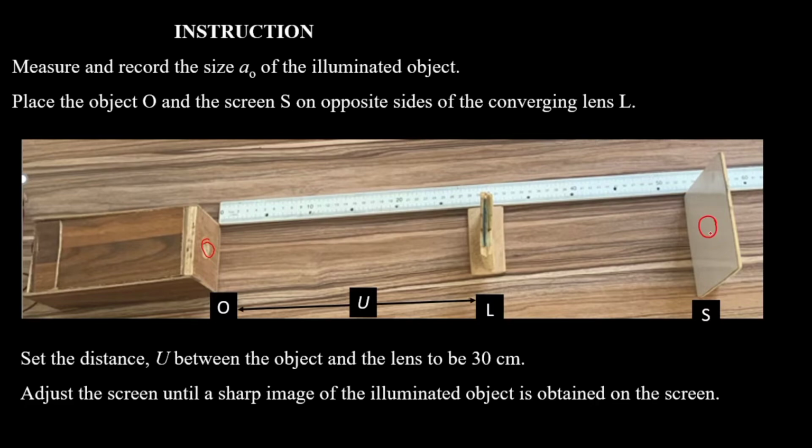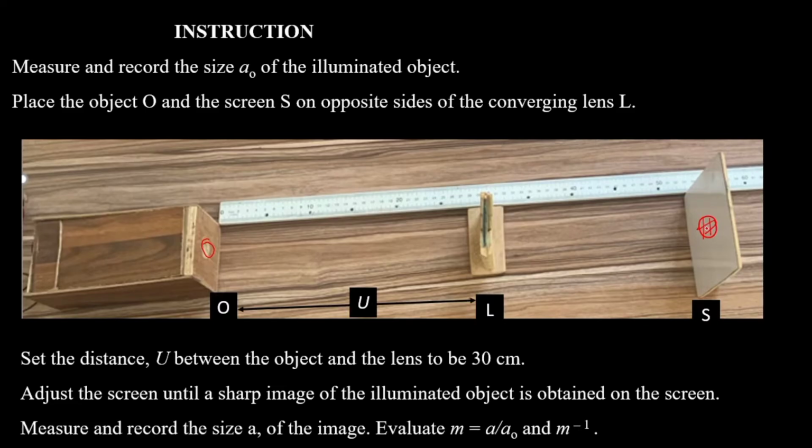Okay, so we'll have an image of the objects on the screen. So we'll see the metallic threads in this form displaying on the screen. Alright, now the diameter of this hole here is our A0, while the diameter of the image formed on the screen will be called A.